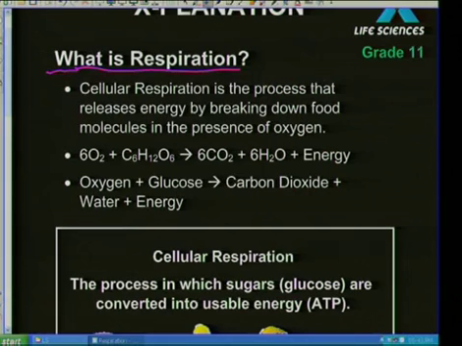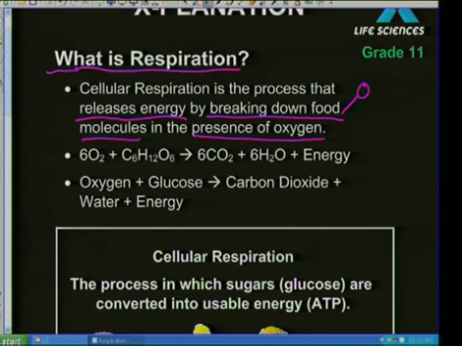First of all, cellular respiration is the process, we know that already, that releases energy. How? By breaking down food molecules in the presence of oxygen. These food molecules that we are talking about are organic molecules. You learned this in grade 10 as well.